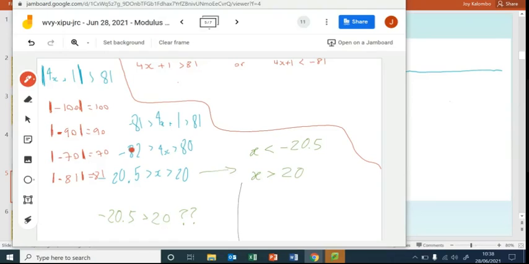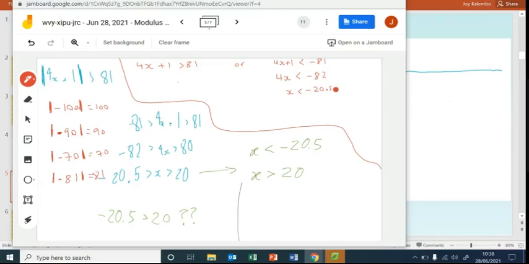I don't know, minus 82. Minus 82 gives you 82, which is greater than 81, while the quantity itself is less than minus 81. So we've put this quantity less than minus 81. Now if we solve that inequality, 4x is less than minus 82, x is less than minus 20.5.